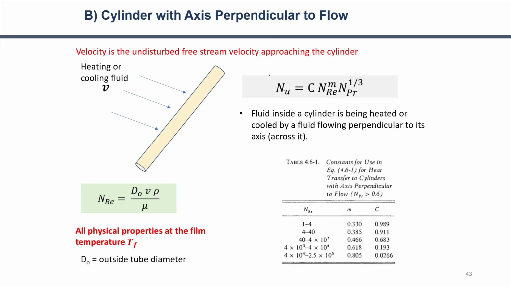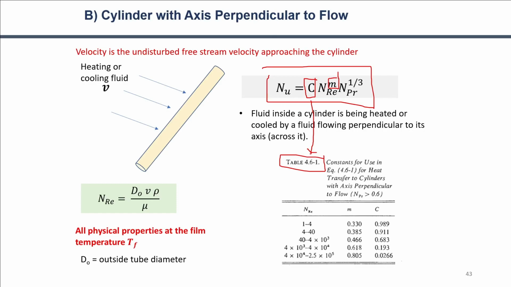Or this one I put here also, the Nusselt correlation, where we have the constants C and M. The C and M constants can be obtained from Table 4.61.